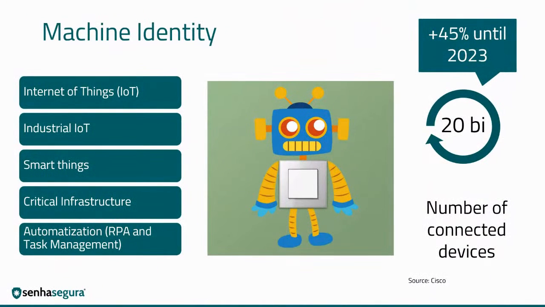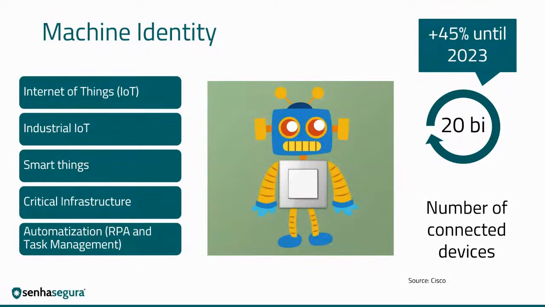One consequence of this digital transformation process is the growing number of connected devices in the environment and the expansion of initiatives like Internet of Things, Industry 4.0, and smart things, which can be smart cities, smart homes, smart appliances. They have introduced billions of connected devices.